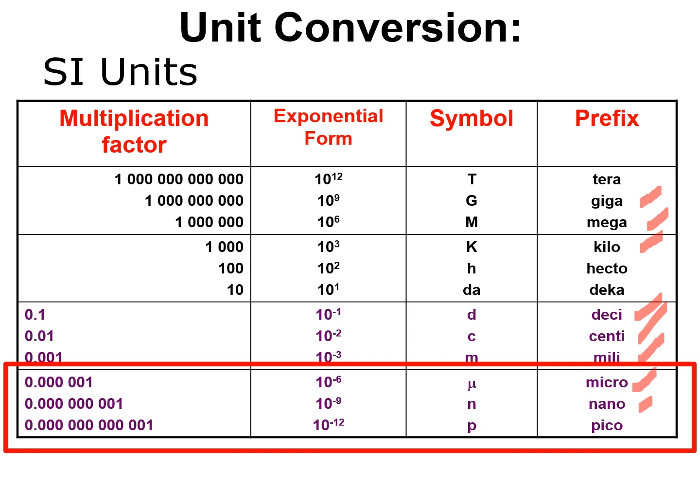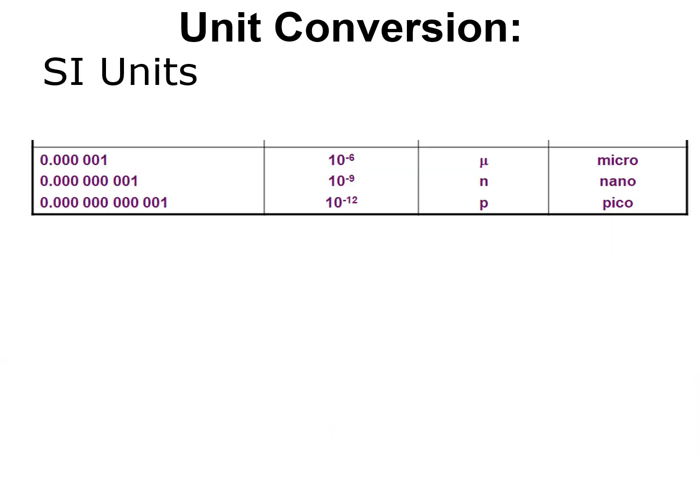And if you are studying astronomy, you are looking for a planet that is far, far away, so probably you are looking at tera or giga, kilometers and so on. So this table should probably be a reference for you. I know that you have seen this before.